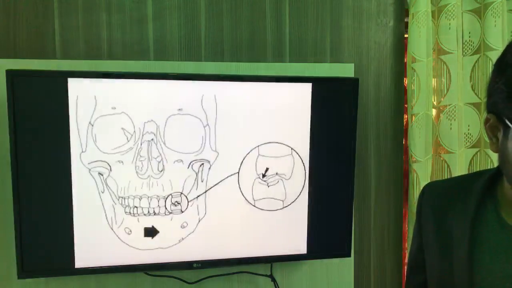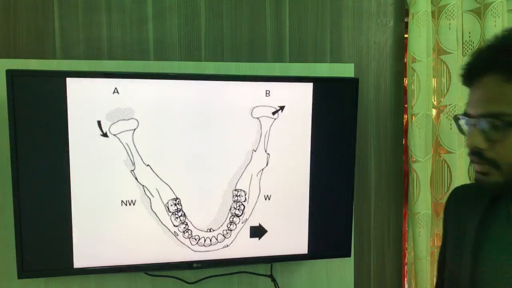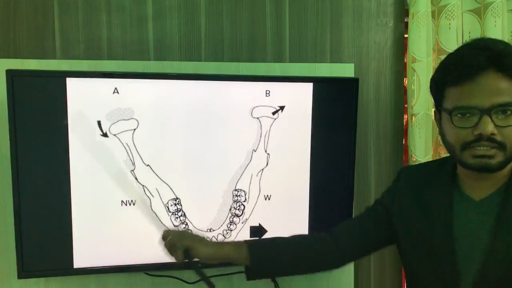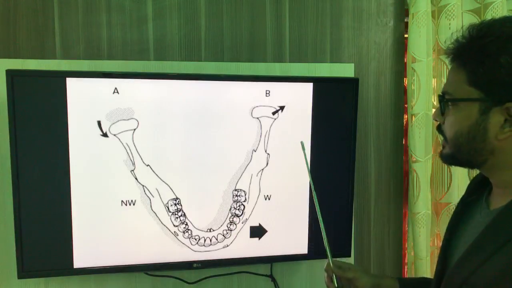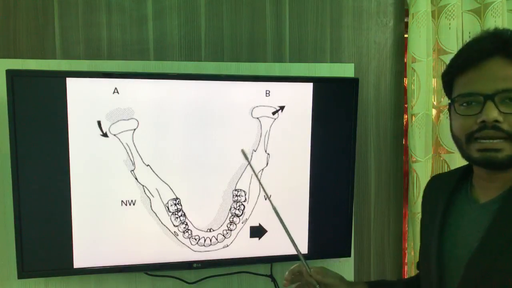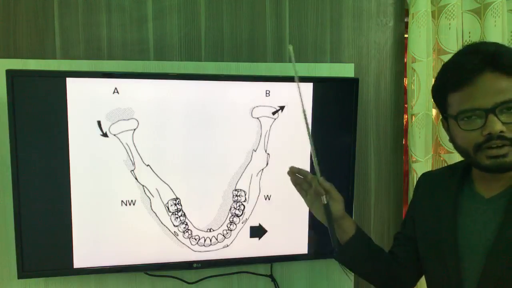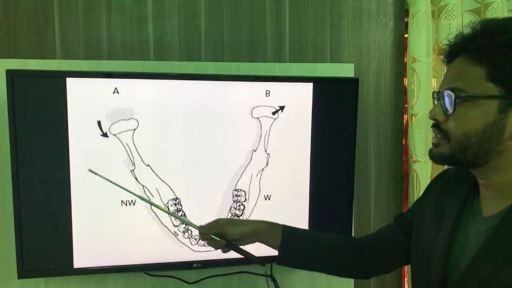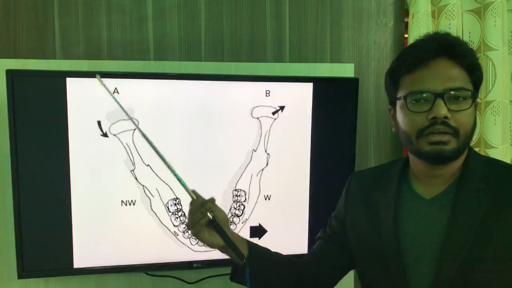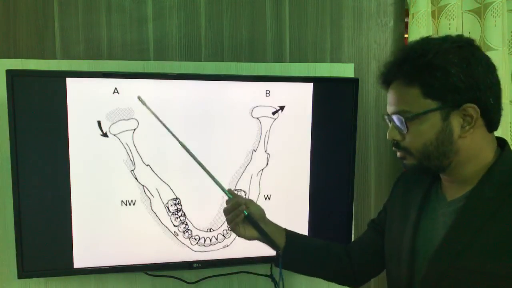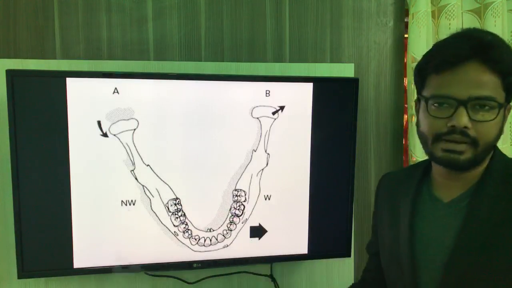Working side is that towards which the mandible moves, and non-working side or balancing side is just the opposite. In working side, the condyle moves laterally as well as posteriorly, and in non-working side, the movement of condyle is antero-medial. So it's moving forward, downward and medially.